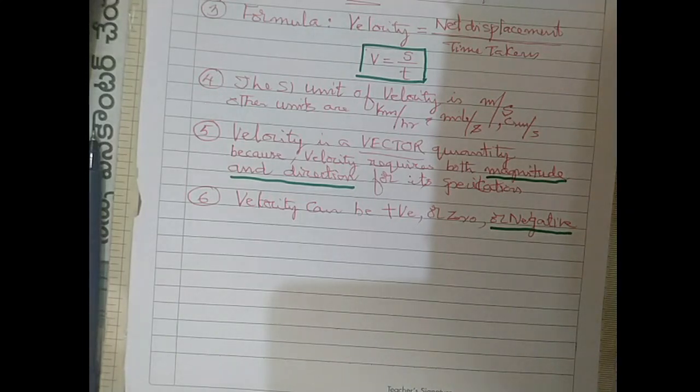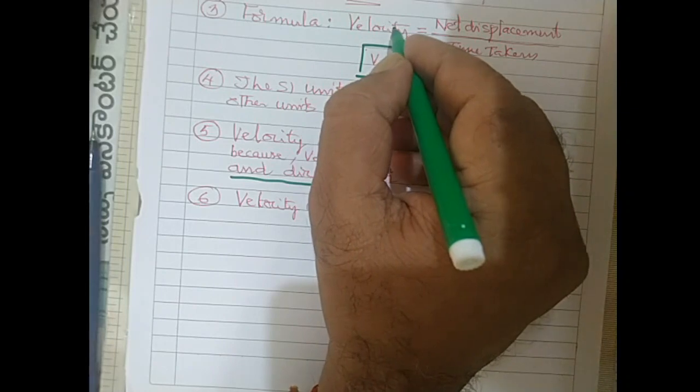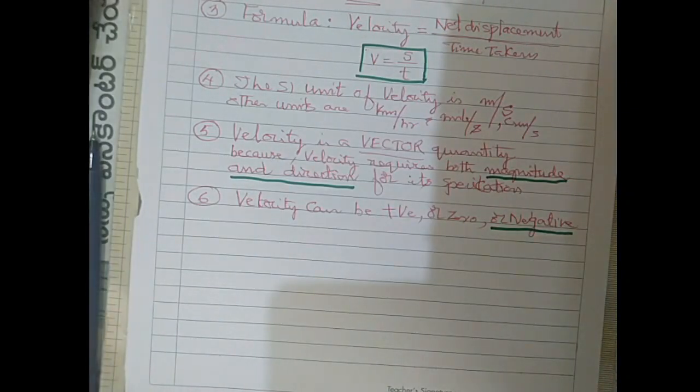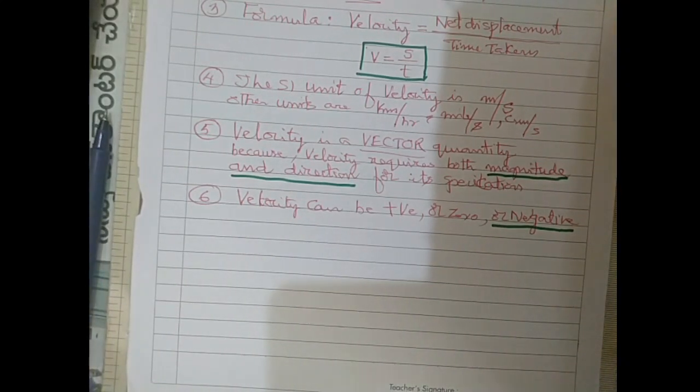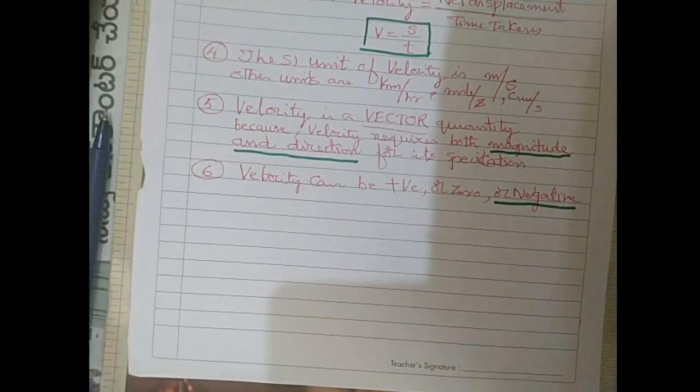As displacement can be negative, velocity also can be negative. See the formula here, displacement by time. I mean to say that speed we calculate based on distance and time, whereas we calculate the velocity based on the net displacement. I'll give one example of this, the calculation of speed and velocity.